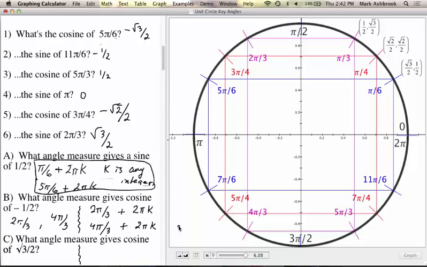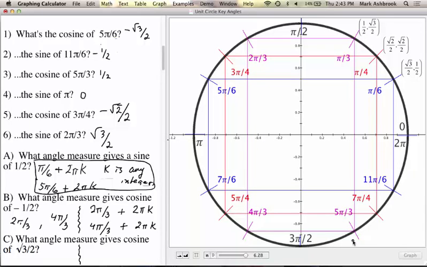How many say exactly one? How many say more than one? Given an angle measure, I'm going to pick this angle measure right here. Is there exactly one measure of sine, or more than one? Exactly one. Given an angle measure.